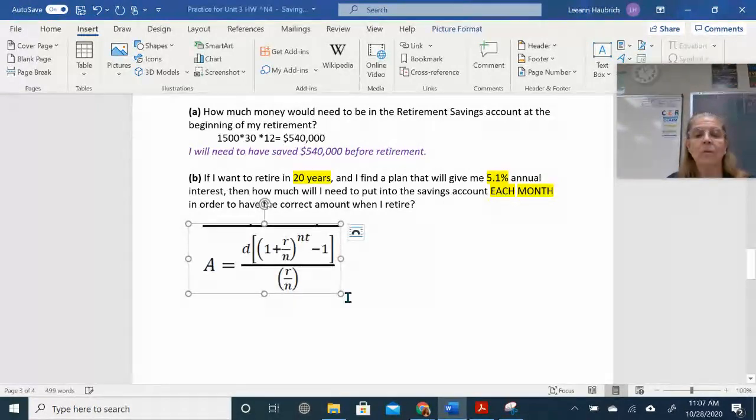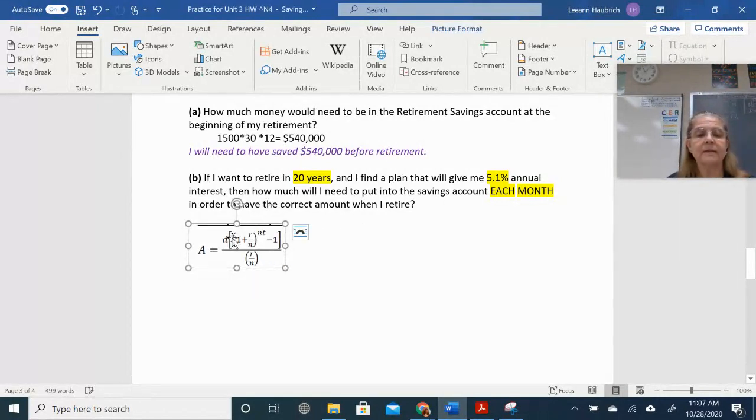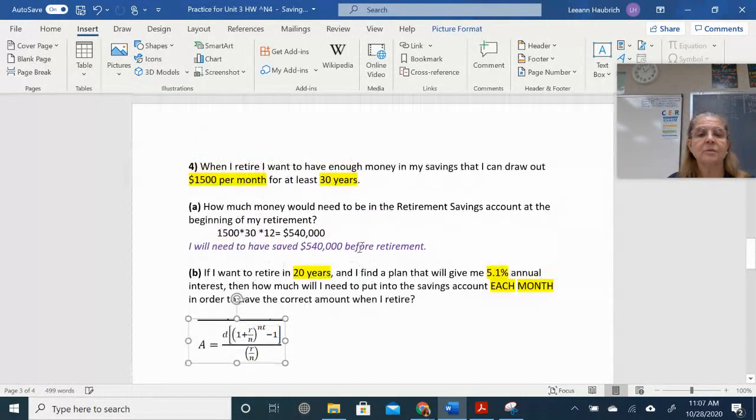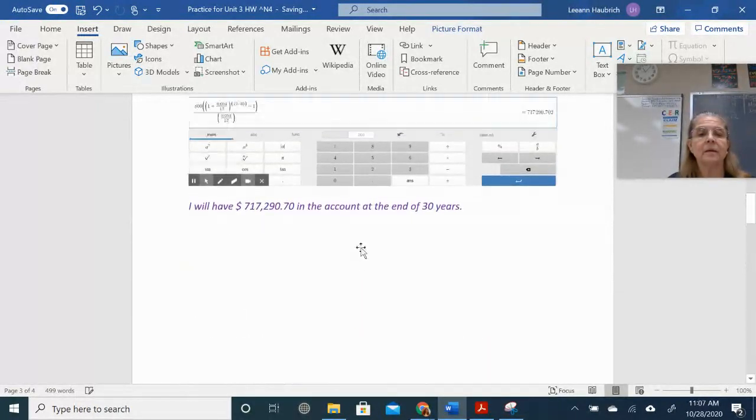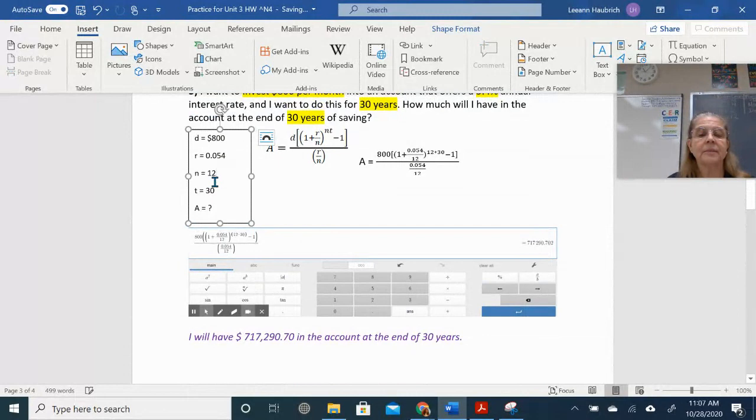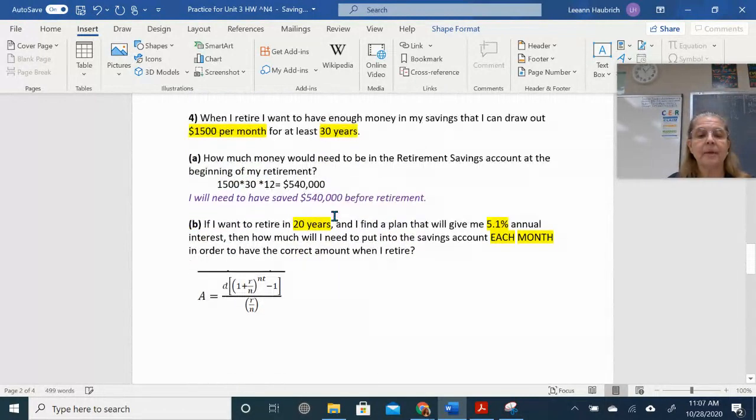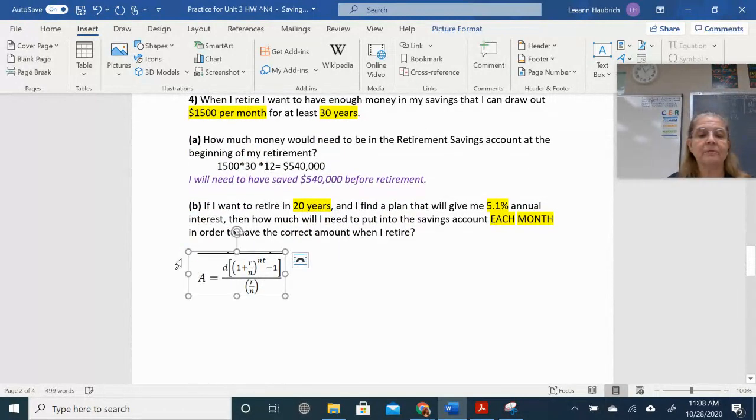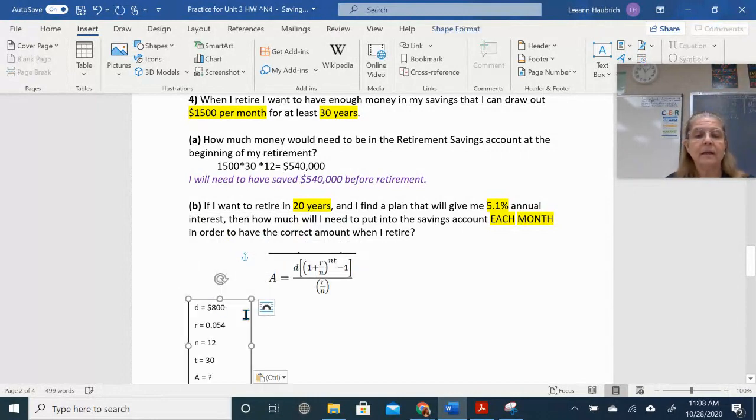Now, I also need to identify the variables. So before I do that, let me grab something that I can identify the variables with. And I'm just being lazy by hitting copy and paste. And I want this to actually be in front of this one. So Control V, and I want to move this up.